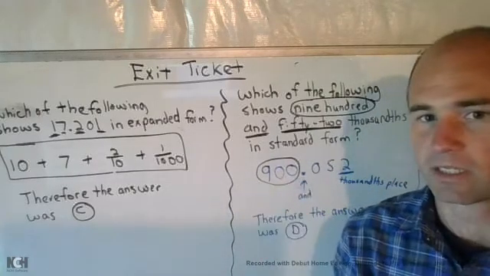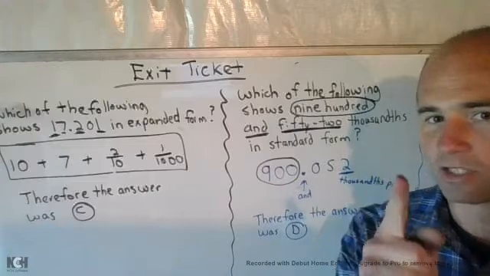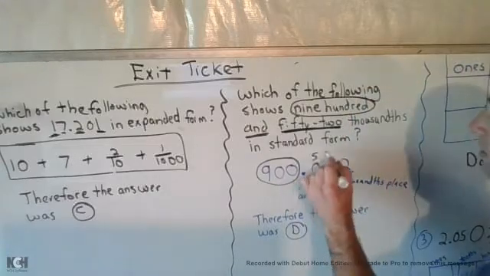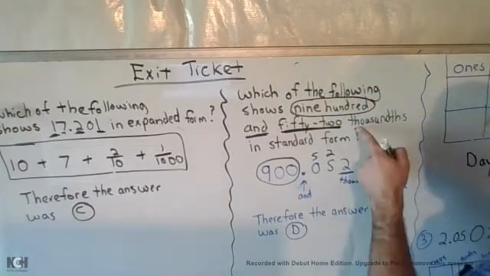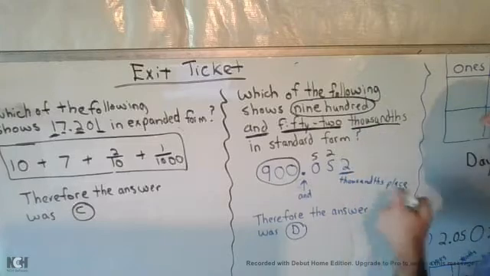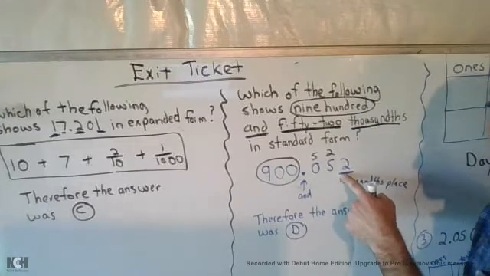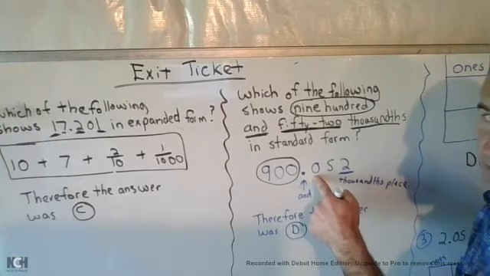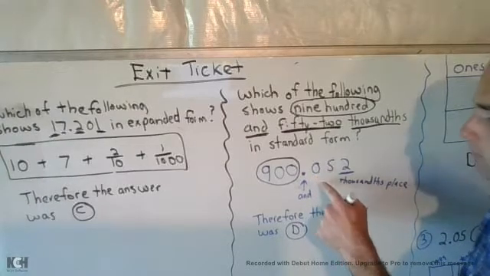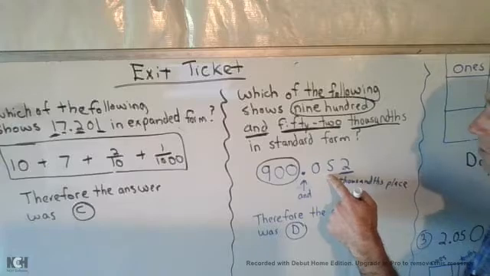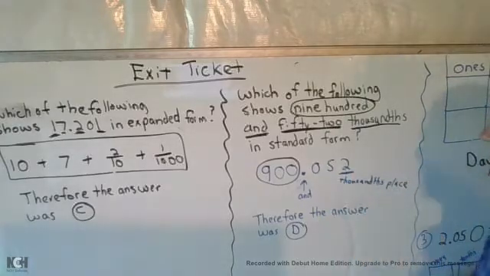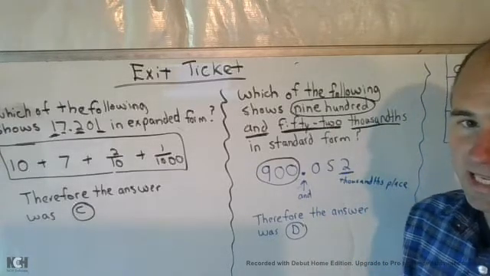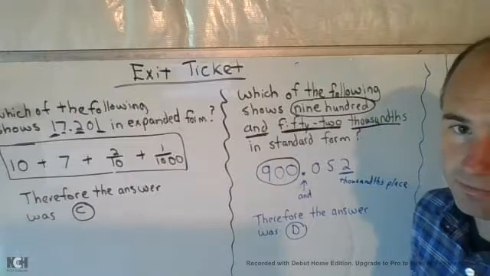That's where a lot of people made mistakes. They didn't pay attention. They thought it was going to be a 5 here and a 2 here. But they didn't recognize that the last digit needs to be in the thousandths place. Therefore, there's 0 in the tenths place, and 5 in the hundredths, and 2 in the thousandths, making D the correct answer here.